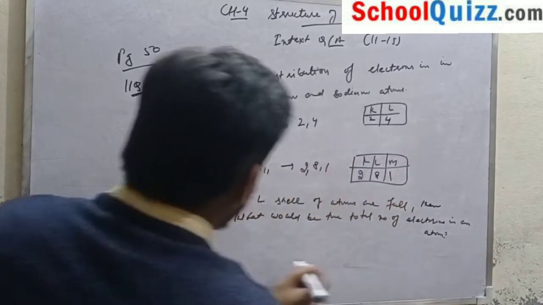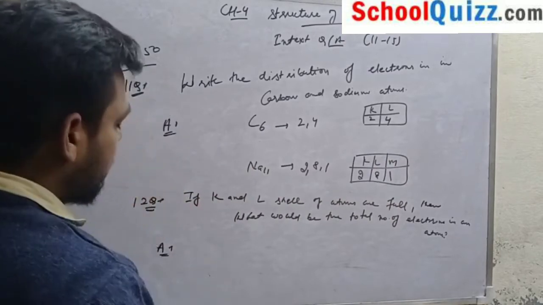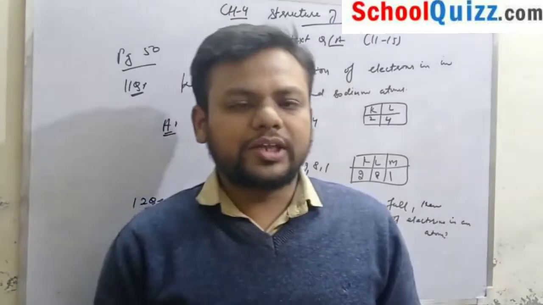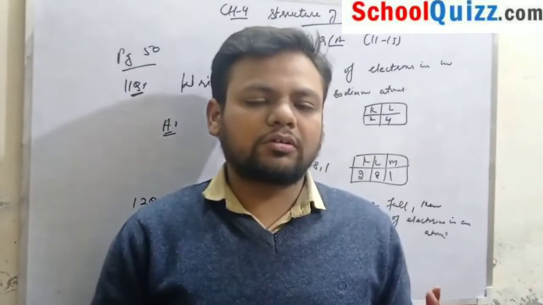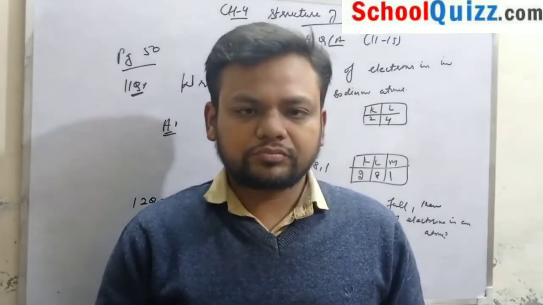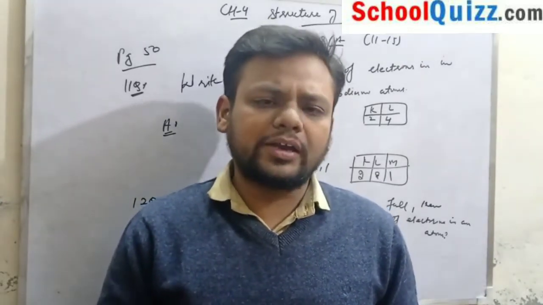So as we know, according to Bohr's model, in the K shell there will be 2 electrons and in the L shell there will be 8 electrons.